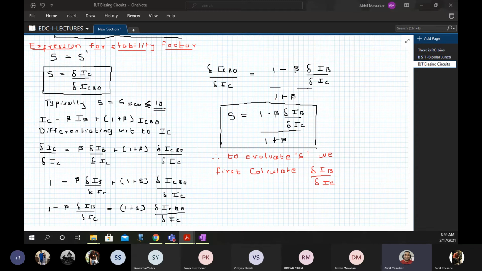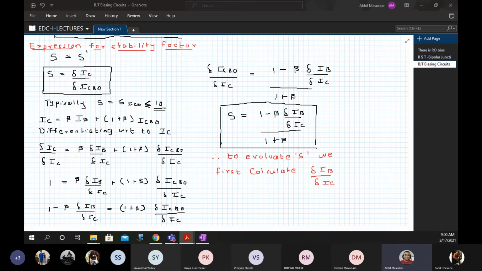So then we came up with a formula for stability, wherein we said that stability S is equal to (1 plus beta) upon (1 minus beta times delta IB upon delta IC). So which means to calculate S, first we need to calculate delta IB by delta IC.